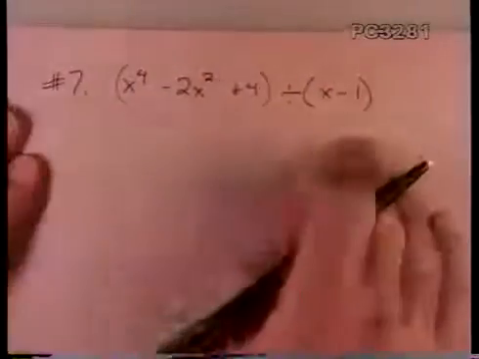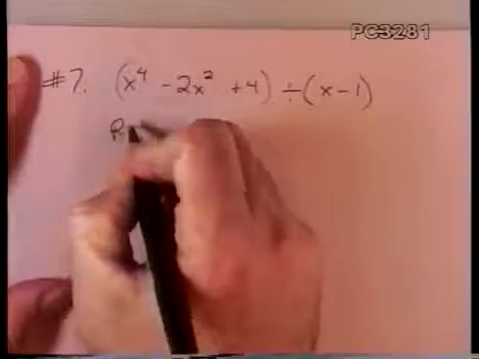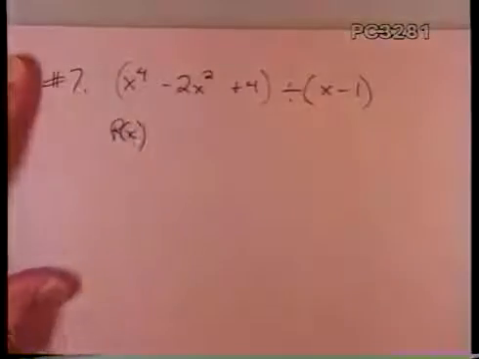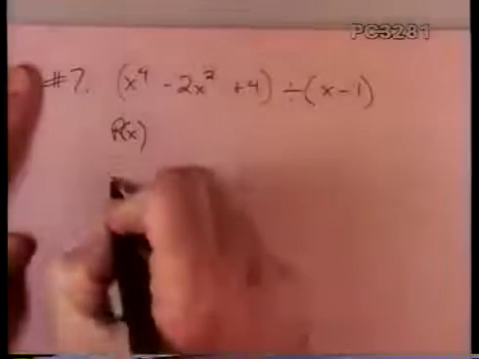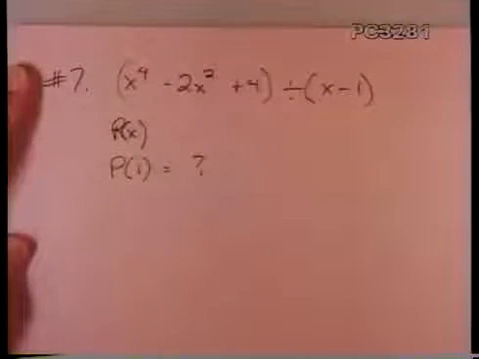Now you're not supposed to do the division, but you want to know what the remainder is going to be. Well, this is a polynomial right here. We can call it P of x. So all you do is evaluate that polynomial for P of 1, and whatever you get, that is your remainder.